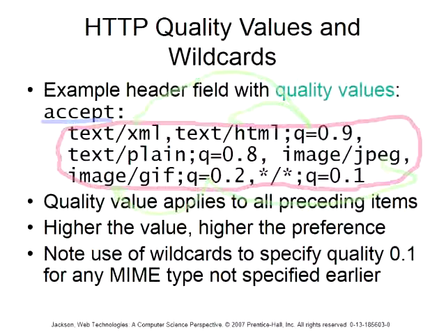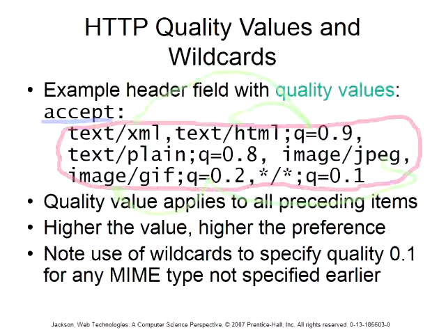For example, if we want the response to be only images, in this case we write accept image, for example GIF, q equals 0.9. If we want the response to be just text, we write only accept text XML.